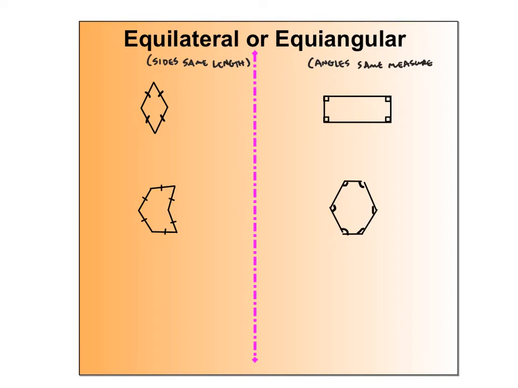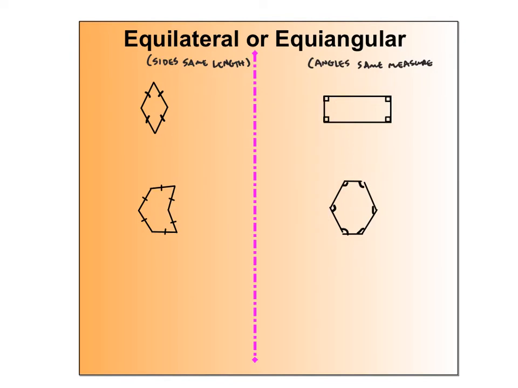We can see in each of these, here I've got a rhombus, right? All sides are the same length. Here I've got a 1, 2, 3, 4, 5, 6, this is a hexagon. So this is an equilateral quadrilateral. This is an equilateral hexagon. Over here, I've got an equiangular quadrilateral, 90 in all four corners. And I've got an equiangular hexagon.